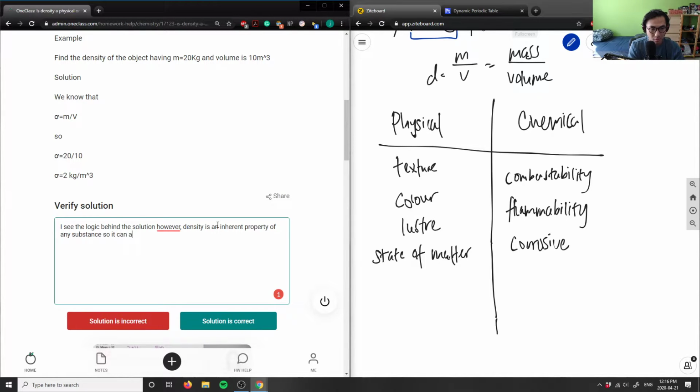So it can also be said that it is neither a physical nor chemical property. However, if I had to choose between physical or chemical, I would also say that density is a physical property. There. Okay, so that's question 2.